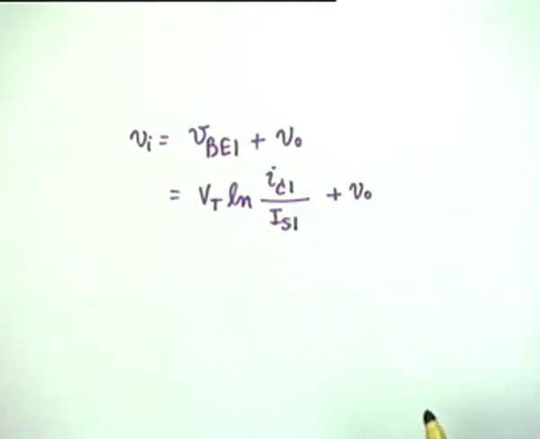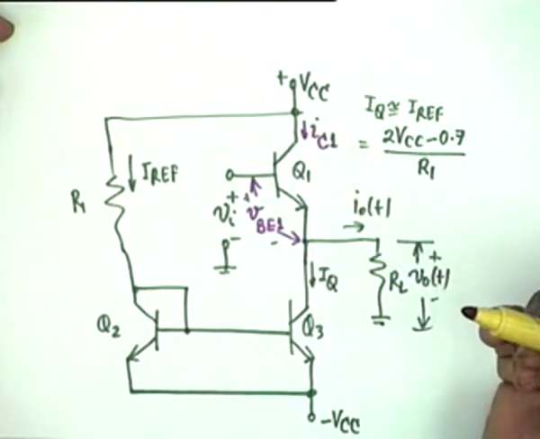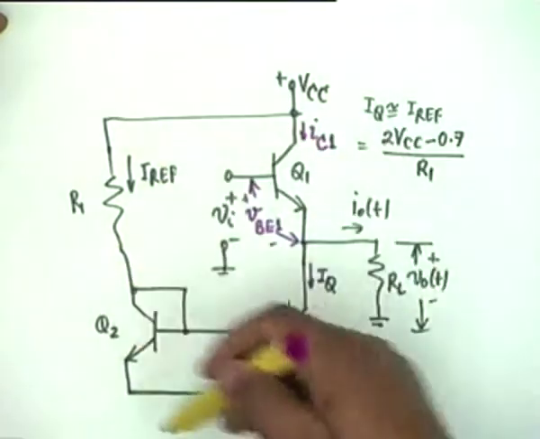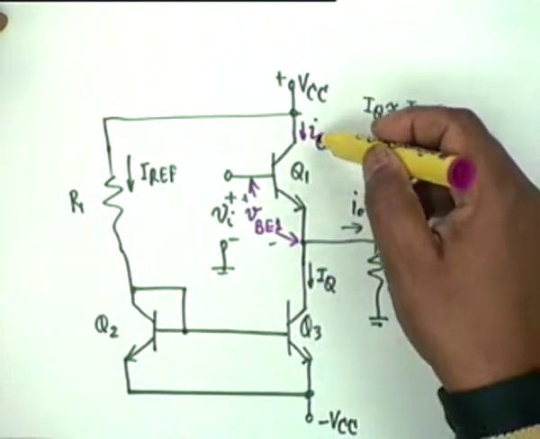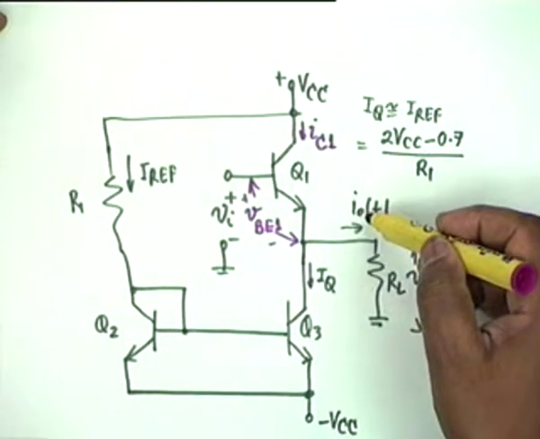And you also notice from the circuit that i sub C1, if we ignore the base current, that is, if we consider beta to be very large compared to unity, which we assume throughout, is obviously the sum of IQ and i0, isn't that right?